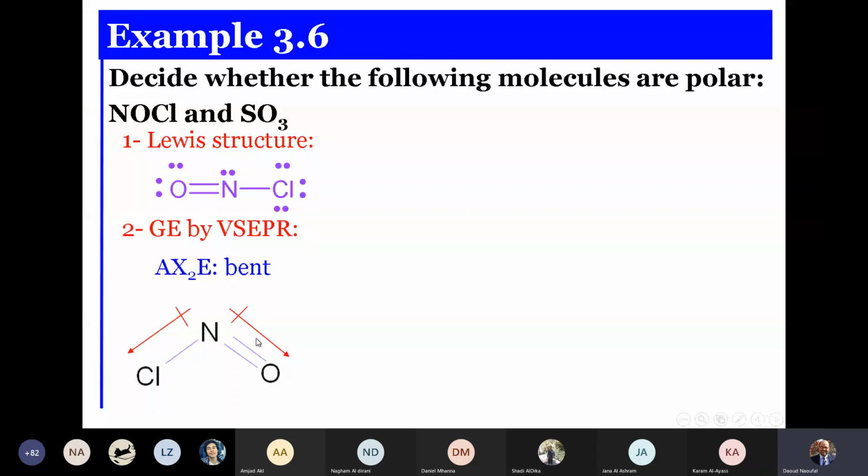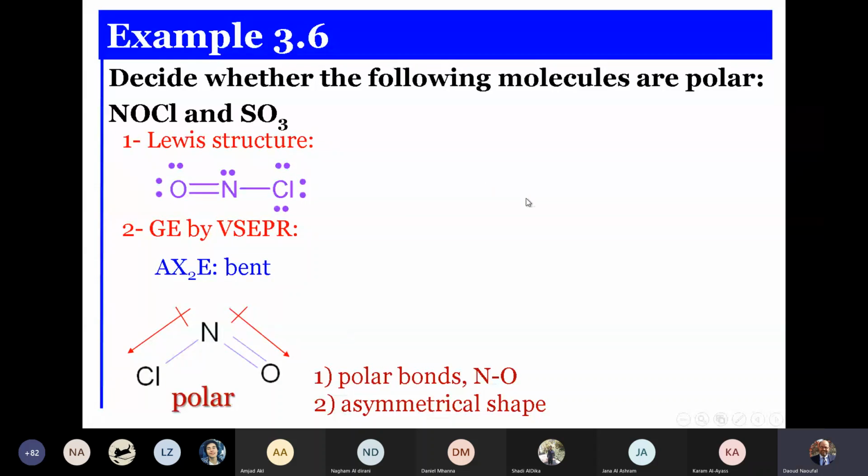We add these two vectors. The sum of these two vectors is different from 0. That means NOCl is a polar molecule. What is the meaning of polar molecule? A polar molecule means we have polar bonds, NO and NCl, and the shape is non-symmetrical, or asymmetrical.